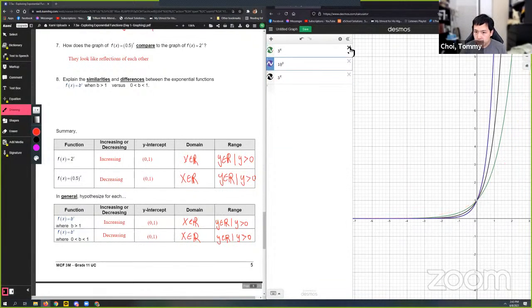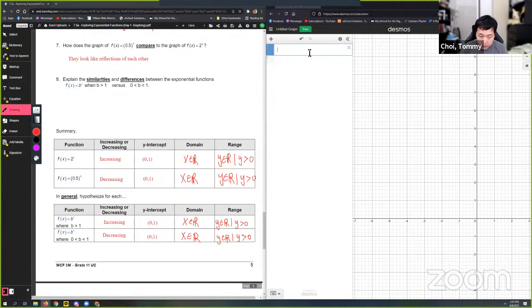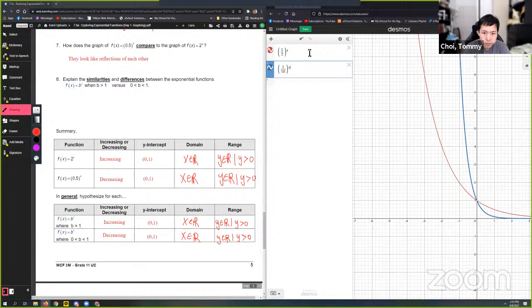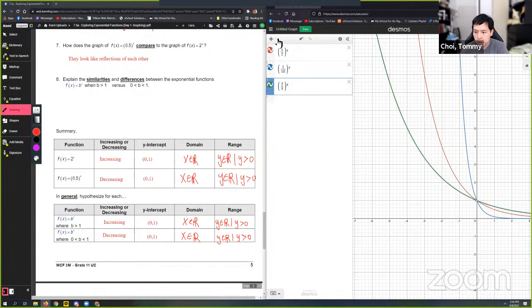If I were to graph the fractions less than 1, so 1/2 to the power of x, 1/10 to the power of x. We can even do fractions in between. 2/3 to the power of x.